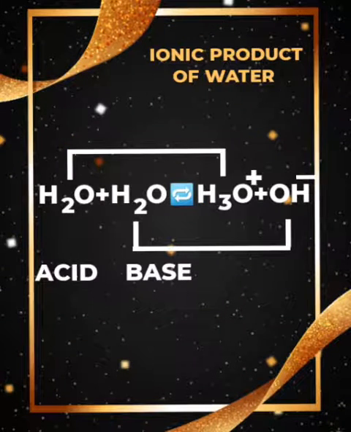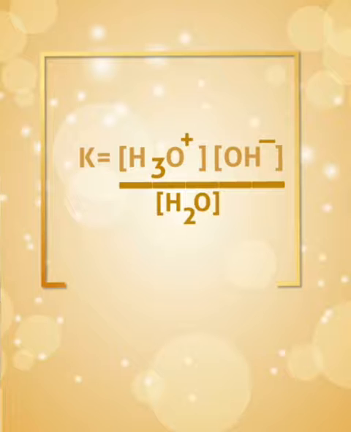Certain species like water can act like both acid and base by donating a proton and forming OH minus ion and accepting a proton and forming hydronium ion. Thus, hydronium ion is the conjugate acid and OH minus is the conjugate base.